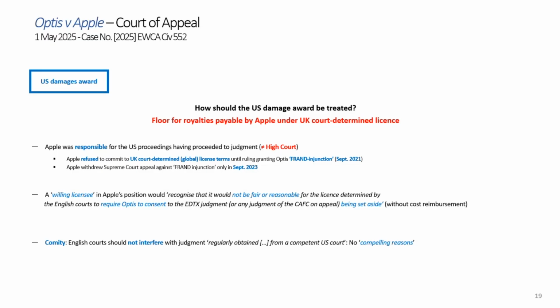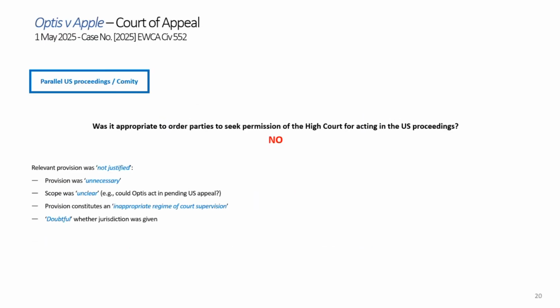Finally, the last point, it referred again to the relationship between the US and the UK proceedings. And what was contested particularly here was the order we discussed also in the beginning of the UK High Court regarding requesting from the parties to seek permission for acting in other proceedings, including eventually for acting in the US proceedings.